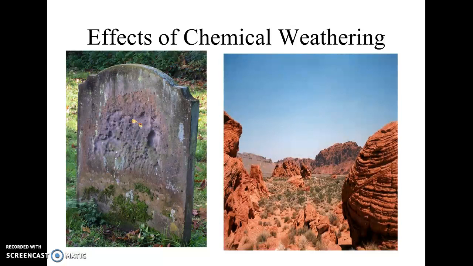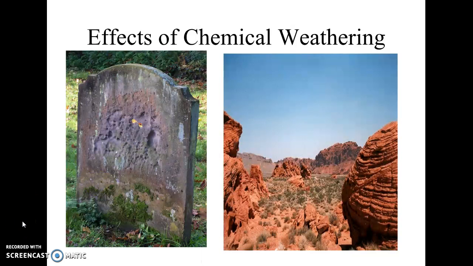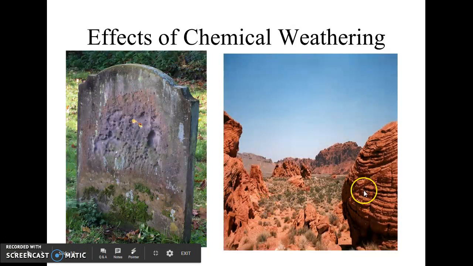And of course they quit using limestone as headstones because over time you wouldn't know who would be buried there because the calcite in the limestone gets dissolved by acid rain. Whereas this picture on the right, we have a lot of iron in the rock here, and you can see that it's been oxidized.